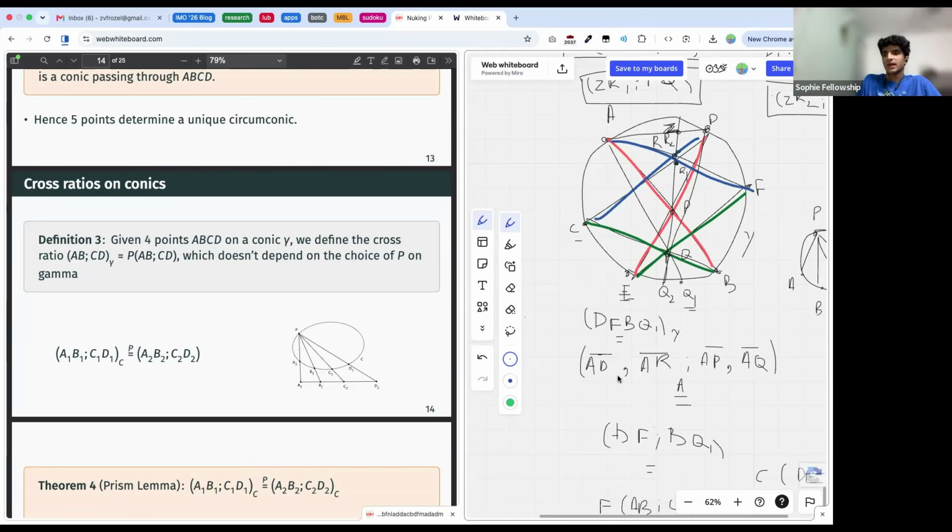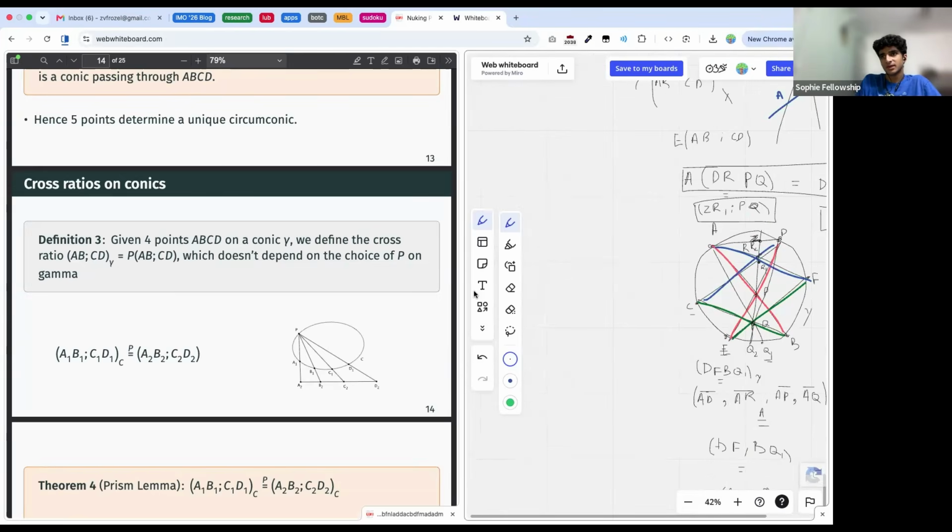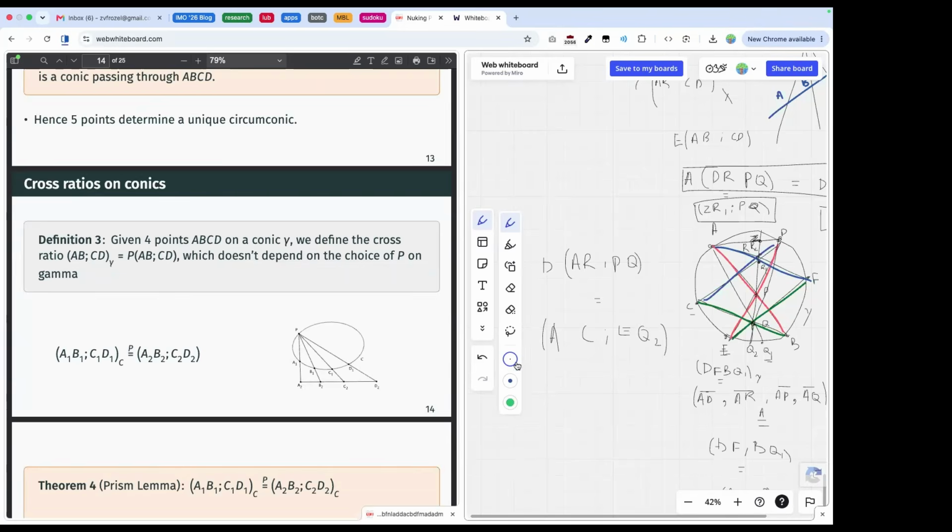Okay. And if I do a similar thing with D, so let me just zoom out a bit, I have the cross ratio of A, R, P, and Q. If I take this cross ratio at D, by projecting onto this conic, I get something like A, C, E, and Q2, on the same conic.